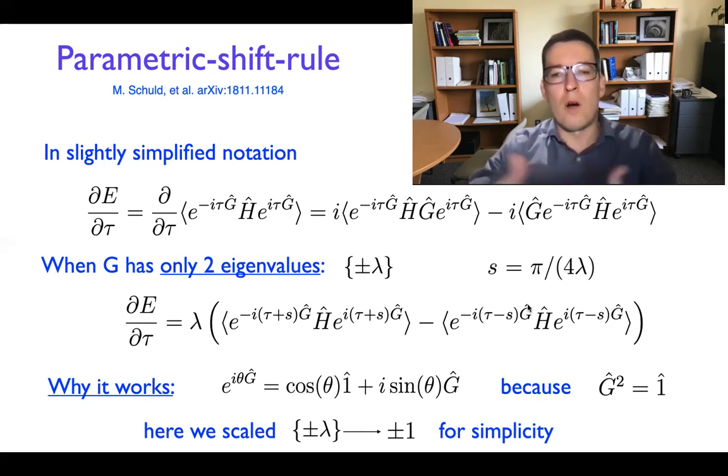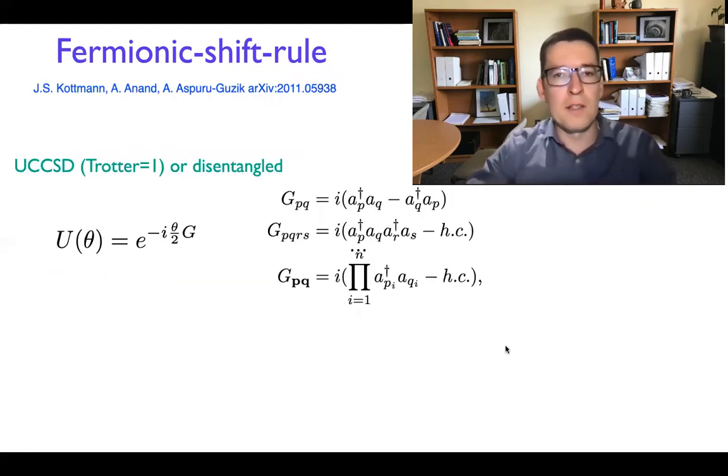Okay, now how can we go a little bit beyond the generators with just 2 eigenvalues? Recently, there was another work that was considering generators from the unitary coupled cluster singles and doubles, or actually any unitary coupled cluster theory, where you disentangle different fermionic rotations, and the generators considered were single electron rotations, double electron rotations, and so on.